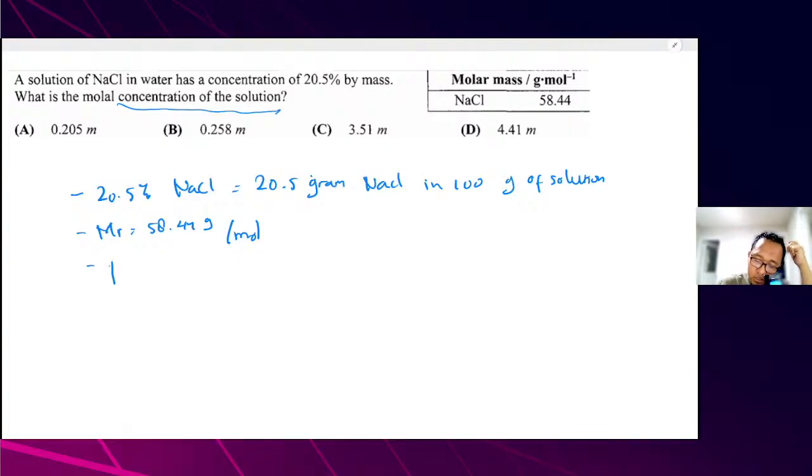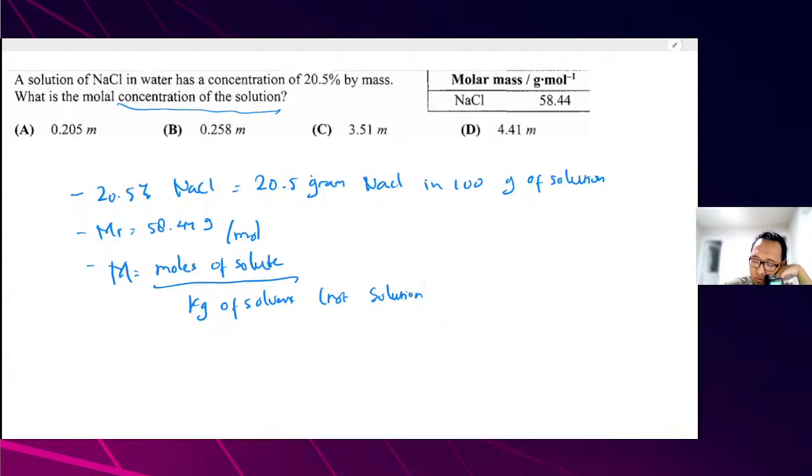The equation of molality is mole of solute per kilogram of solvent. Solvent, not solution. So the first step is to assume we have 100 gram of solution.